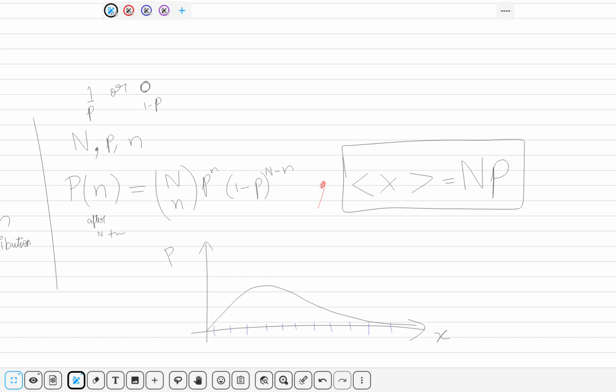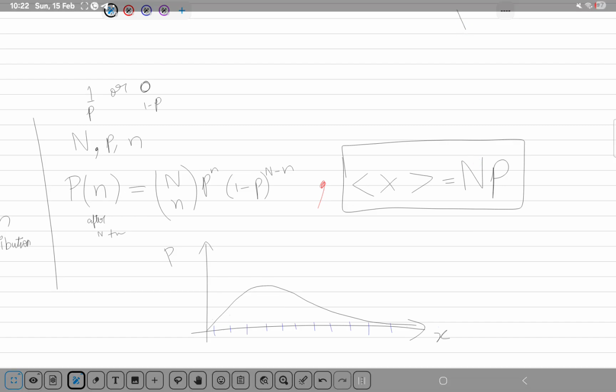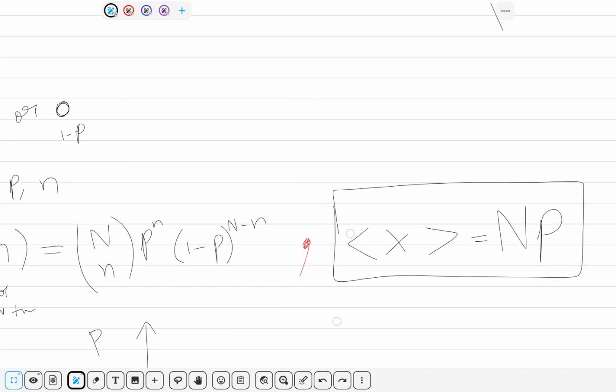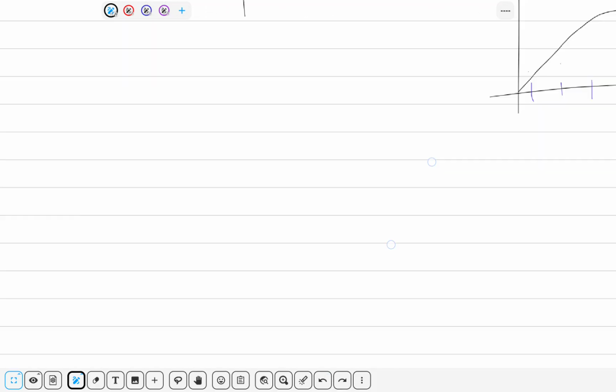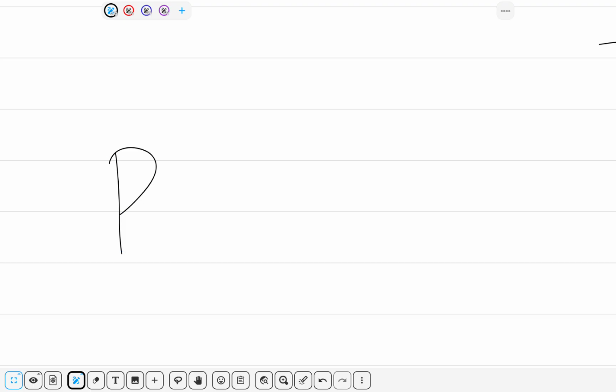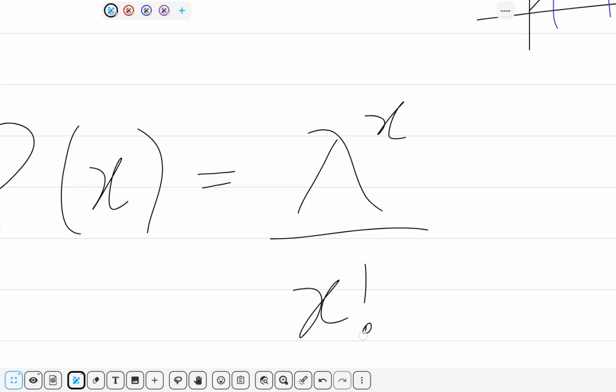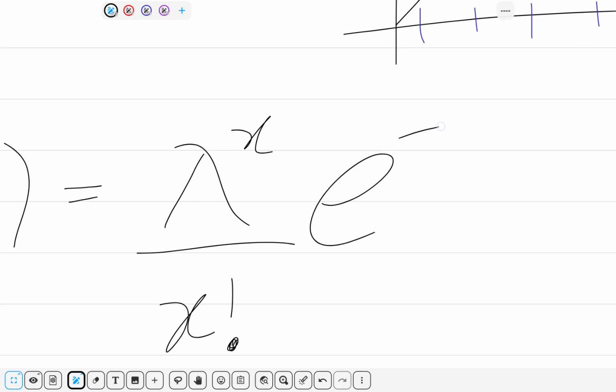So now the question is, how does this thing approximate to the Poisson distribution? So how the Poisson distribution looks is something like this. Even I don't remember at this point. How did it look? I think it was something like this: lambda power x by x factorial e power minus lambda.